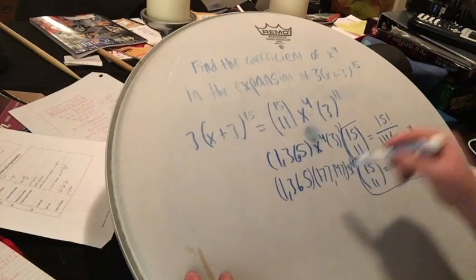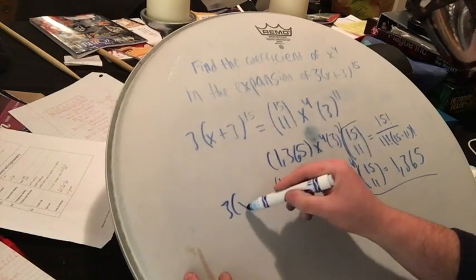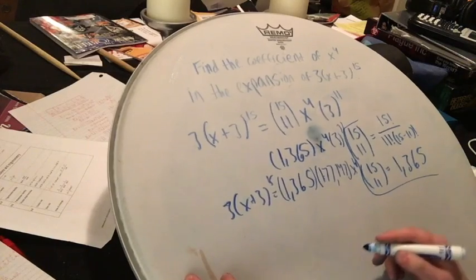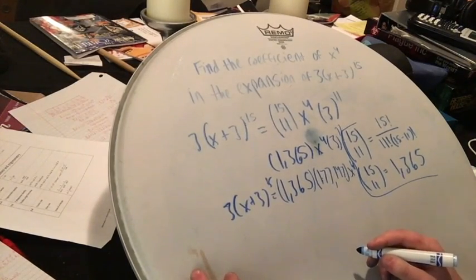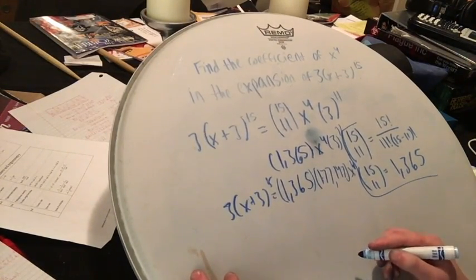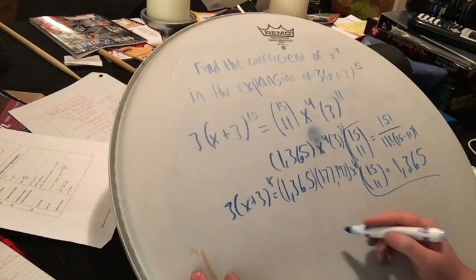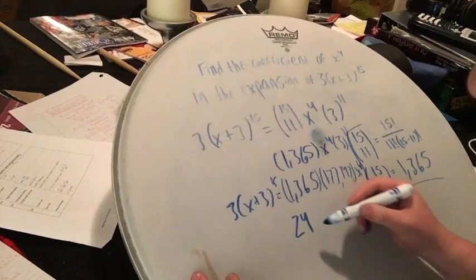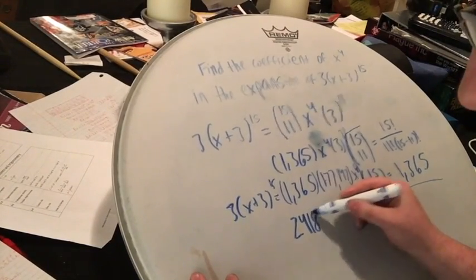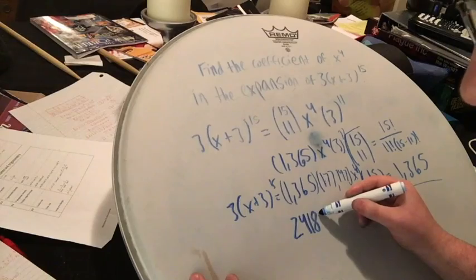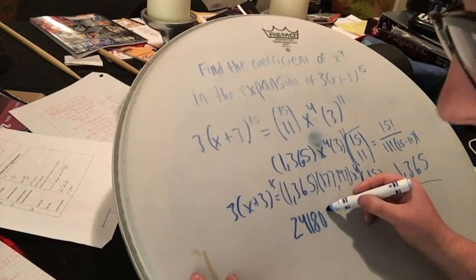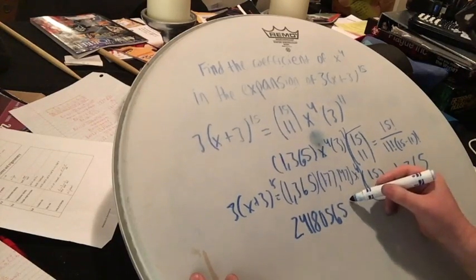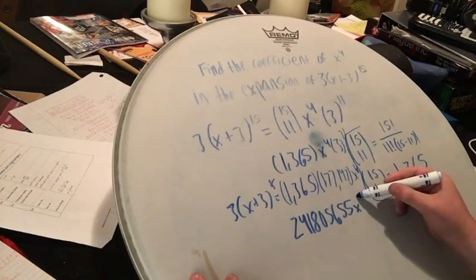And that equals this. So work that out: 1,365 times 177,147, and you get 241,805,655 x to the 4th.